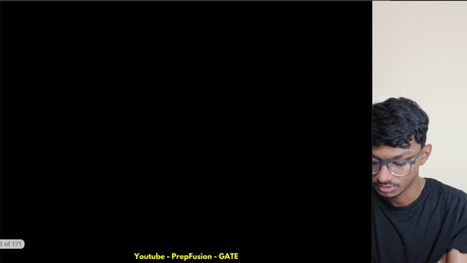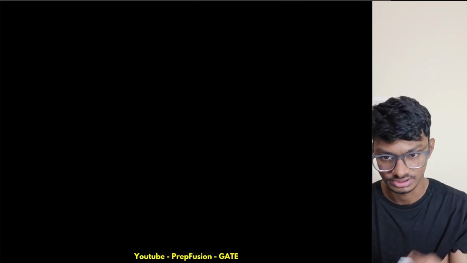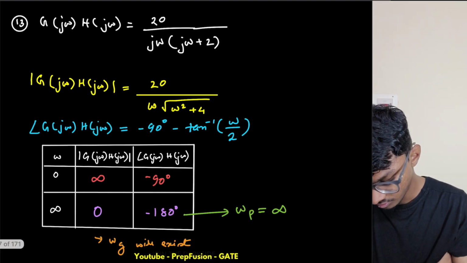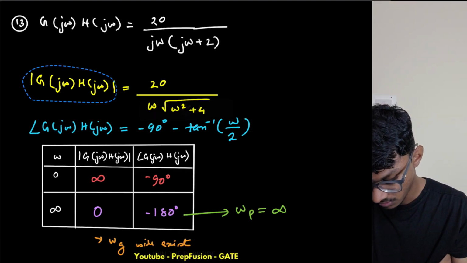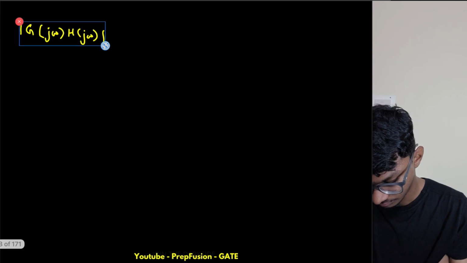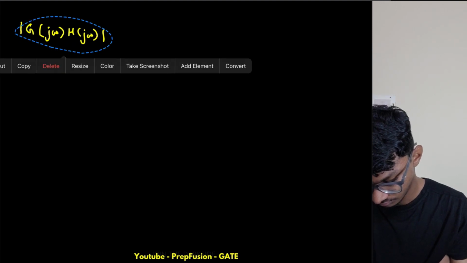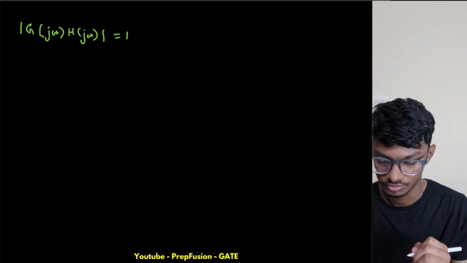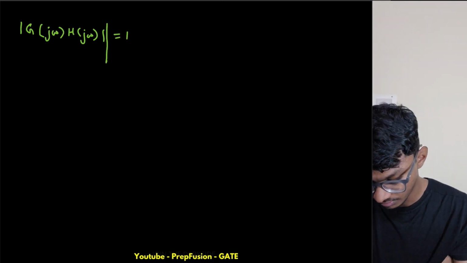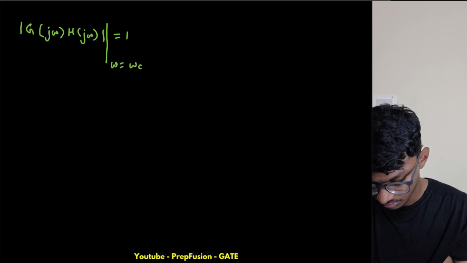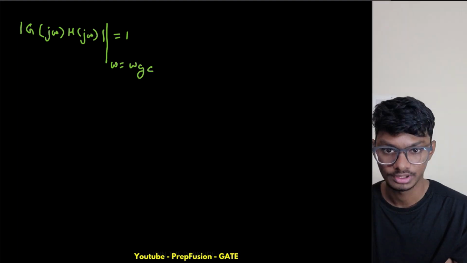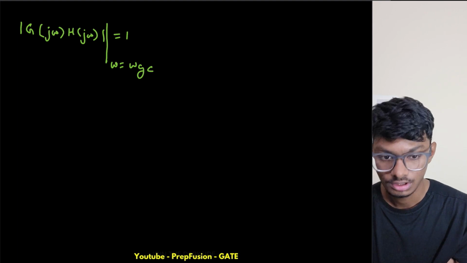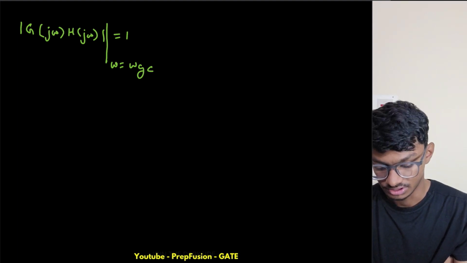So how to find it out? Simply use the definition. We have already done this example. I will make this magnitude equal to 1, at the frequency where omega equals omega gc. Follow the same procedure.